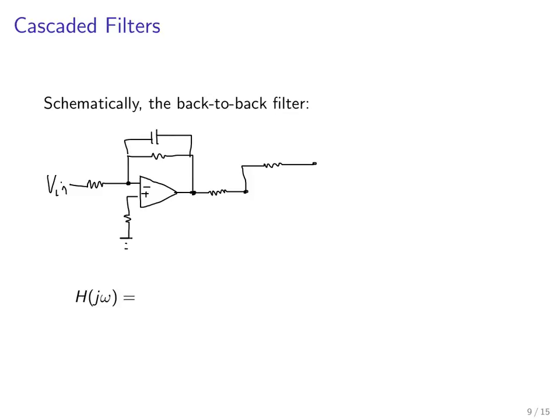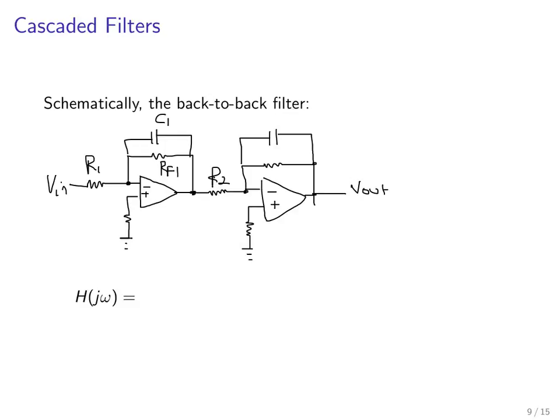So we'll say that this is C1 and this is RF1 for feedback on the first one. Then this will just be R1. This will be R2 on the input to the second one. Then we will have a capacitive resistive feedback on the second guy, which will take us to V out. And so we'll call this guy RF2 and C2.